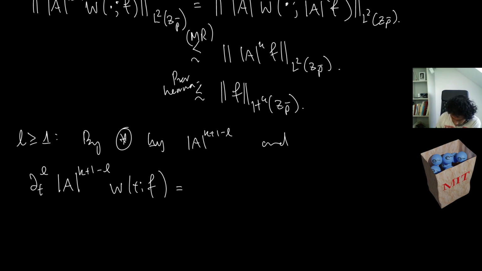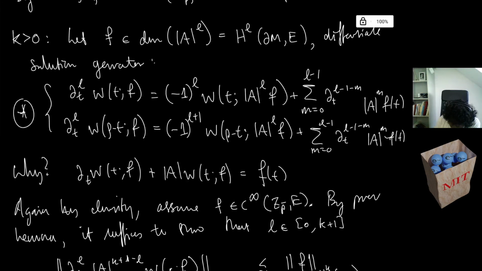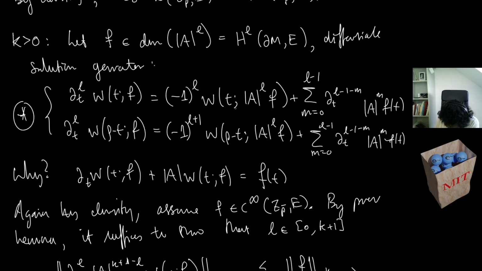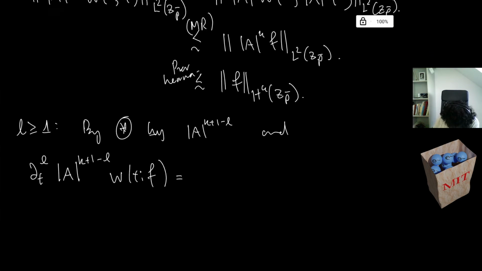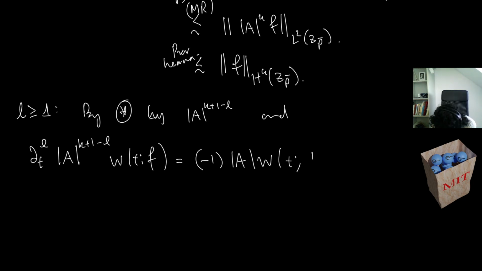That's going to be, now, we push this onto the left hand side here. So we have a modulus A to the L here. So then this is going to be equal to minus 1. We keep the modulus A, w t modulus A to the power of k, right?